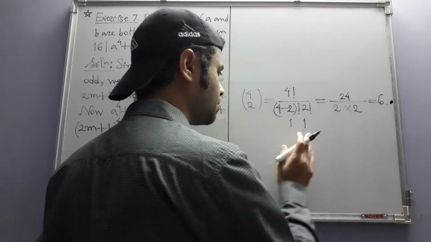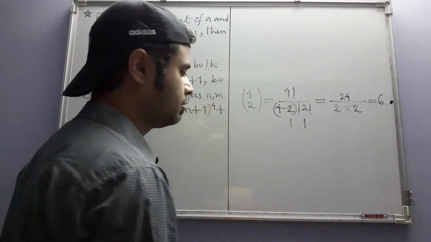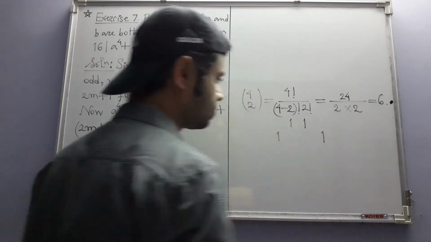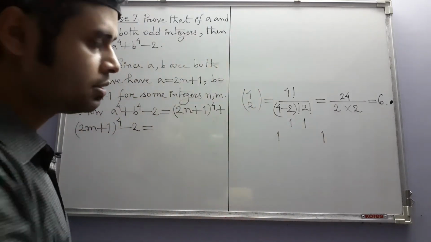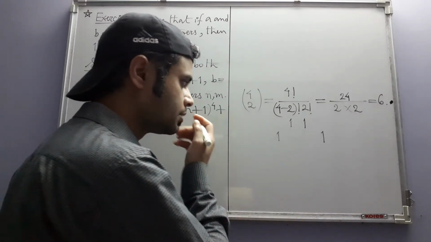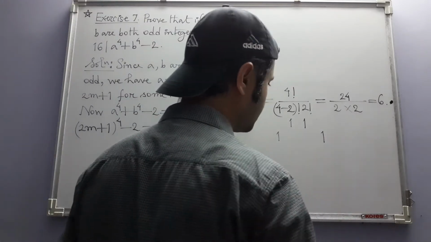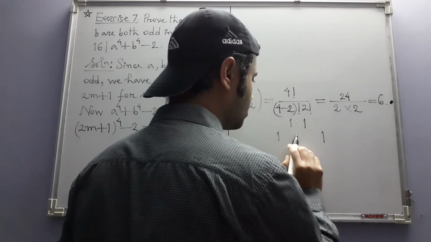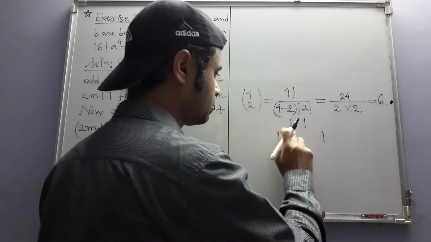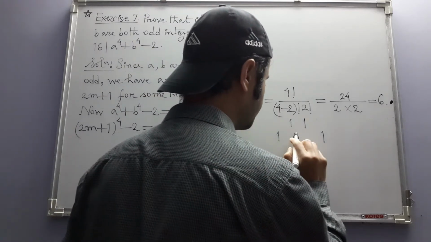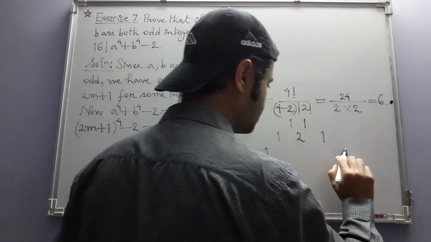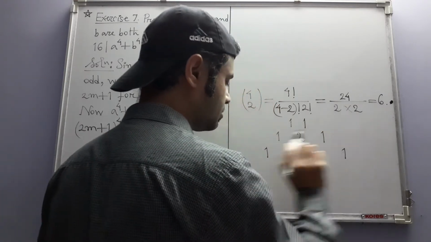The first row is just 1 and 1. In the second row, these are the outer numbers which lie on the slant edges. Now, this inner number is the sum of its closest neighbors in the previous row. That is 1 plus 1 is 2.